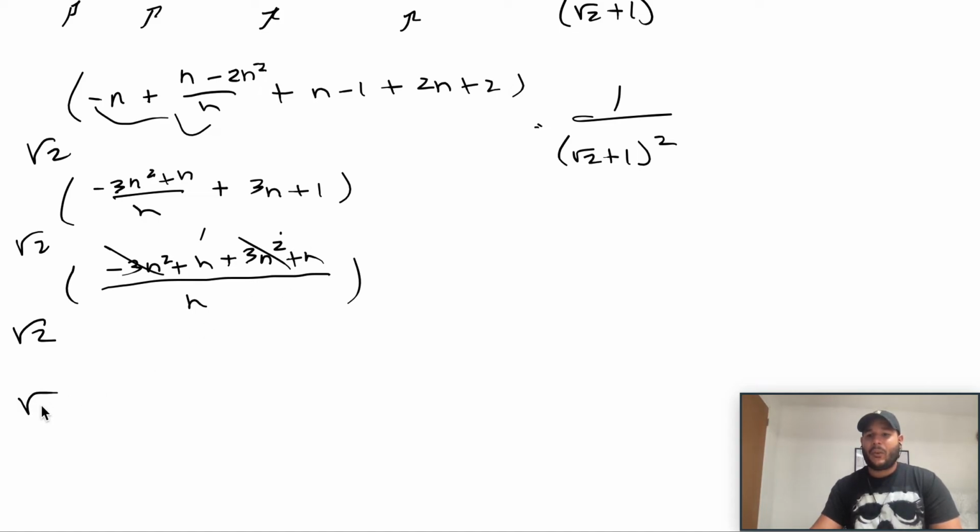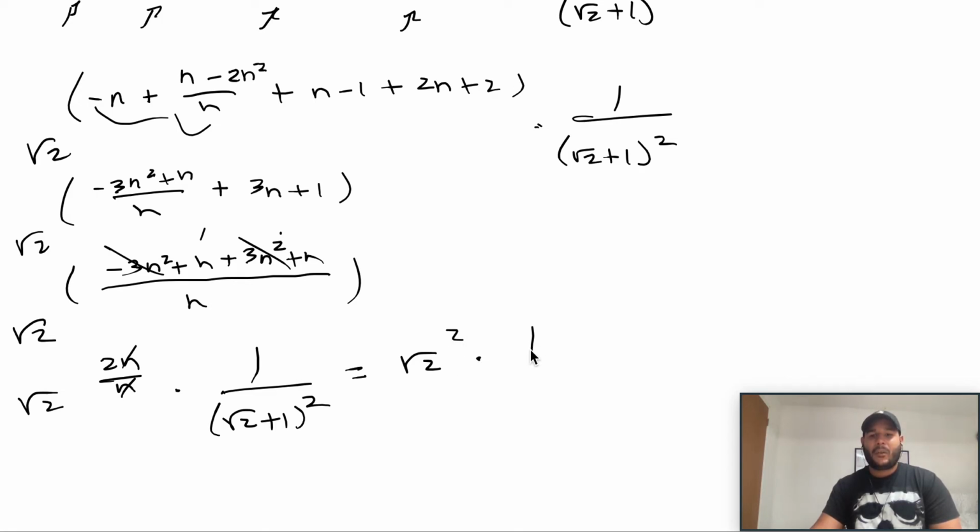So this is square root of 2 elevated to the 2n over n times 1 over square root of 2 plus 1 elevated to the second power. Now, these n can cancel. So basically, all we have here is square root of 2 to the first power, essentially. Actually, no, to the second power times 1 over square root of 2 plus 1 to the second power.